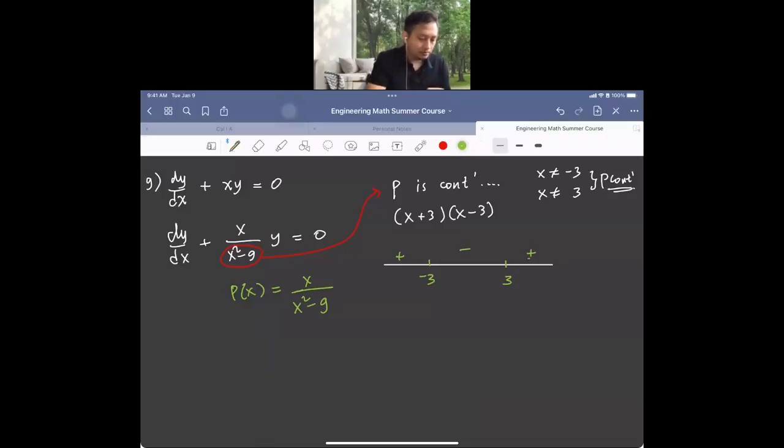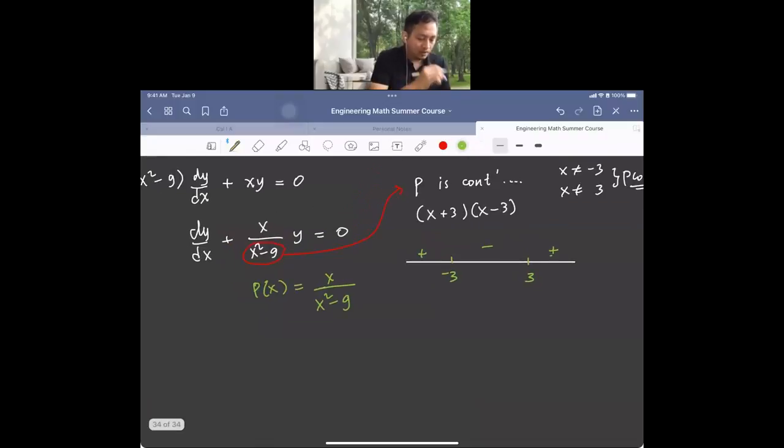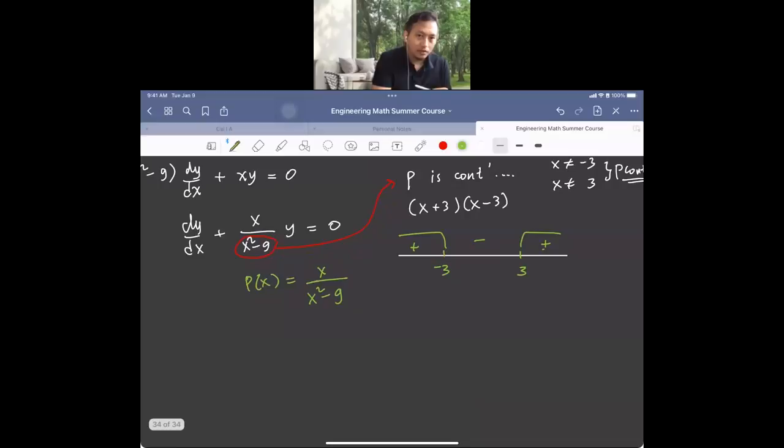But, okay, to make this differential equation make sense, we need to make this value positive. Okay?